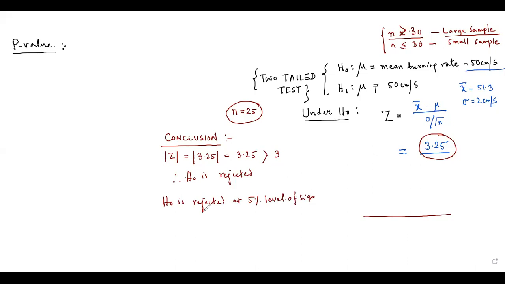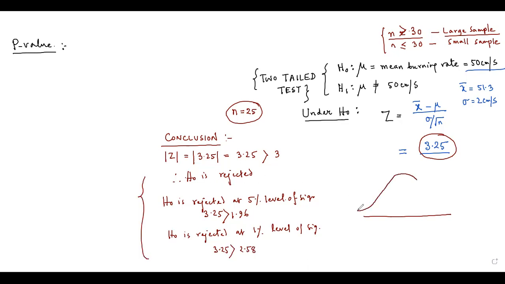Because since 3.25 is greater than 3, it is also obviously greater than 1.96. H naught is rejected at 1% significance level also, because since 3.25 is greater than 3, it is obviously greater than 2.58. So in all levels of significance, it seems to be rejected.